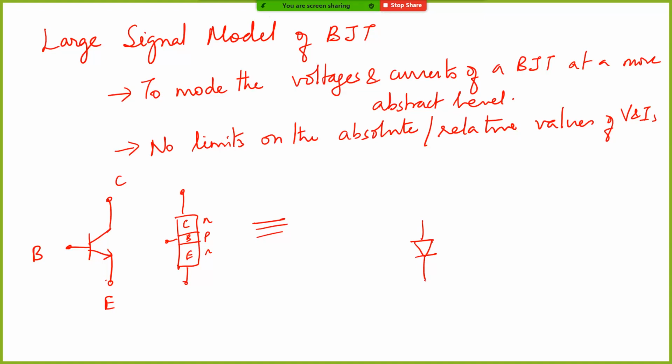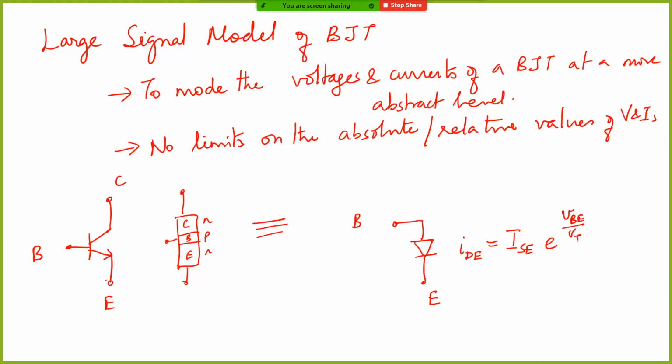So I'm saying that this is going to be my base terminal. This is going to be my emitter terminal. And between the base and the emitter, I have a diode, and this diode current, if I can call it the IDE, the emitter diode current, can be written as ISE exponential VBE by VT.